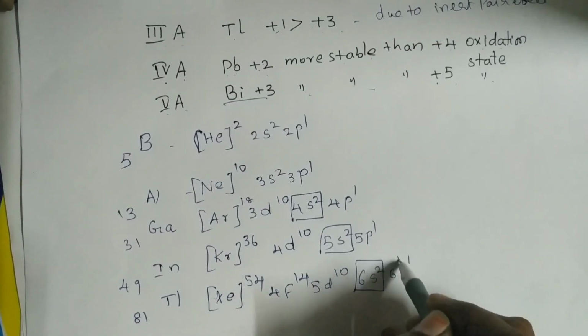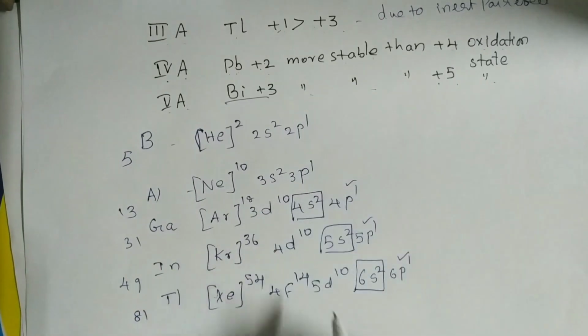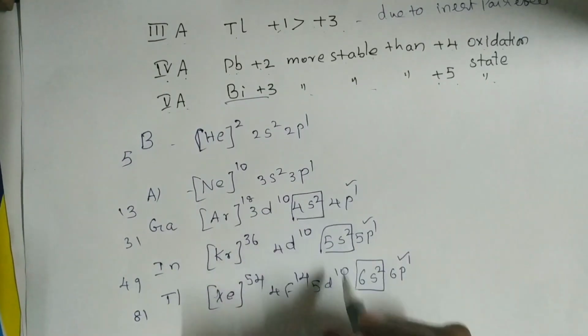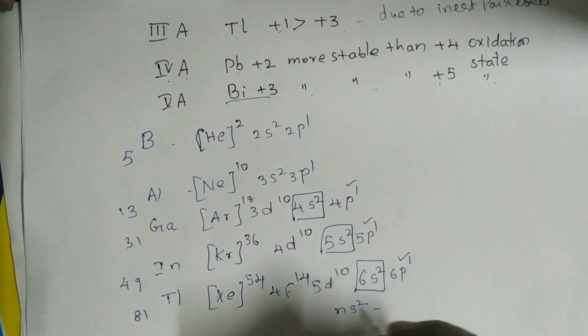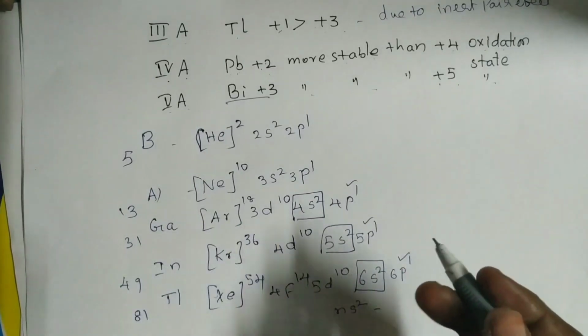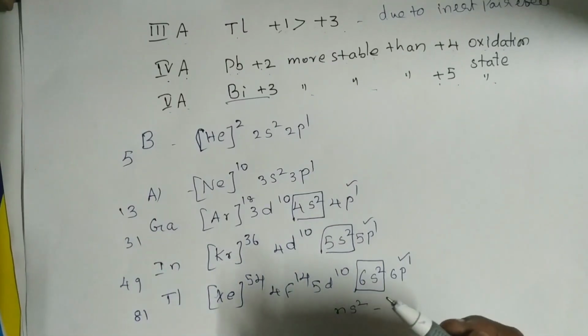So when you are considering all the configurations, you take here 4s2, 5s2, 6s2. Actually, the 6p electrons are the valence electrons, and these ns2 electrons are not able to be involved in the bond formation. It means in heavier post transition elements, the outer electrons, that is ns electrons, have a tendency to remain inert and show reluctance.